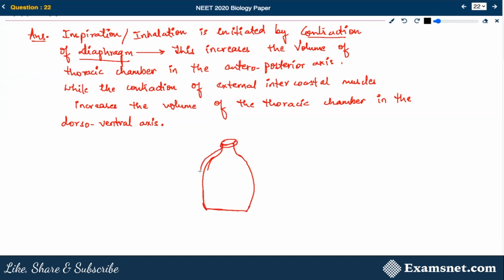And here are the rib cage muscles, the external intercostal muscles, which are also going to get contracted, so they move up like this.